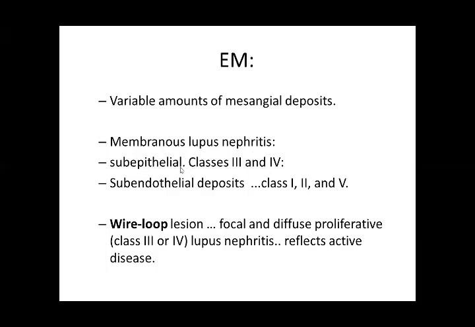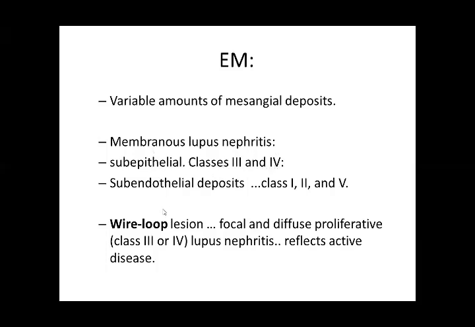Membranous lupus nephritis: subepithelial class 3 and 4, subendothelial class 1, 2, and 5. When you see subendothelial deposits alone, then you call it class 1, or class 2, or class 5, depending on other features. If there are subepithelial deposits, then it is class 3 or class 4.